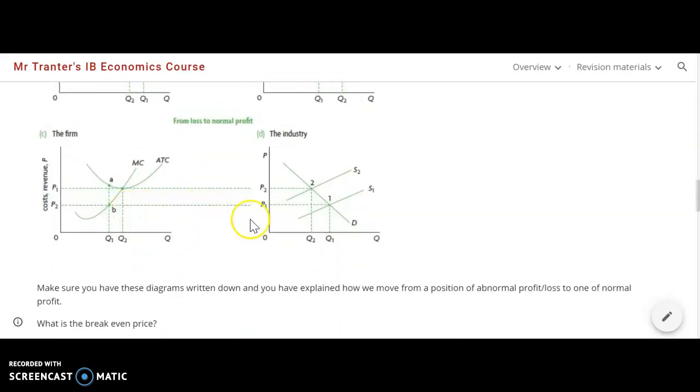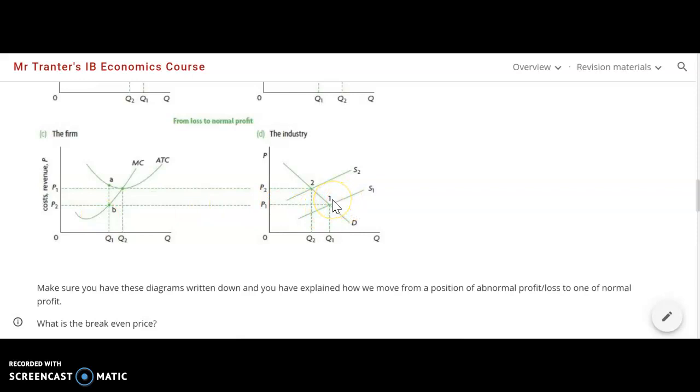If we were operating at P1 here, we have been making a loss. We'd operate where our MC was equal to our MR here, and the gap between the ATC, so the gap between A and B, is the loss per unit multiplied by Q1, it's the total loss.